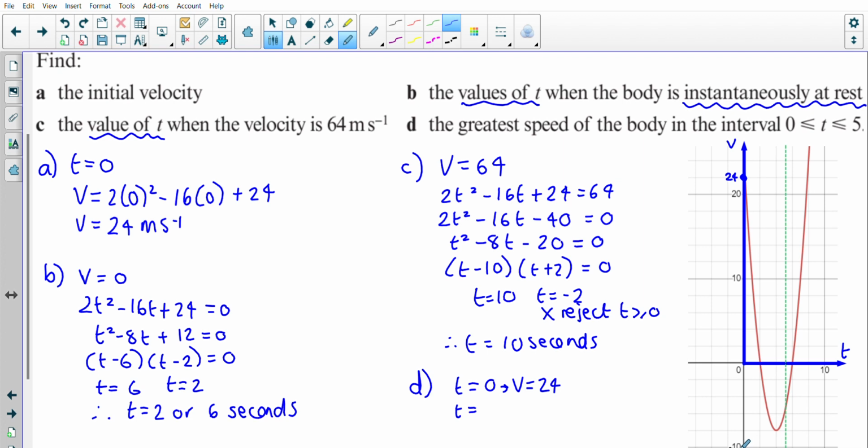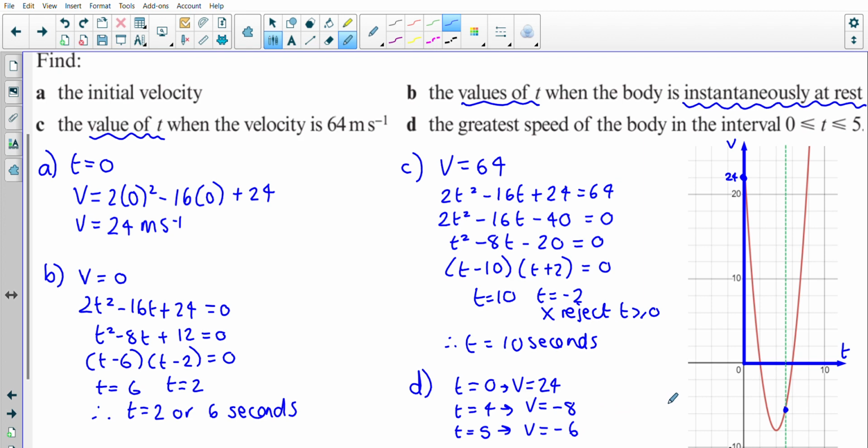It would have to be less than minus 24 in order to produce a greater speed than the 24 up there. But I'm just showing that through substitution. You will get minus 8. That is the minimum point. And then I'm going to do t is 5 and v is going to be minus 6. So that point there is minus 6.